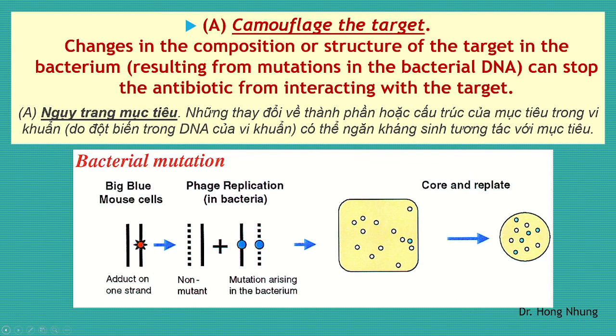A. Camouflage the targets. Changes in the composition or structure of the targets in the bacterium, resulting from mutations in the bacterial DNA, can stop the antibiotic from interacting with the targets.